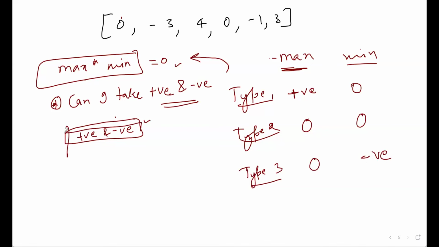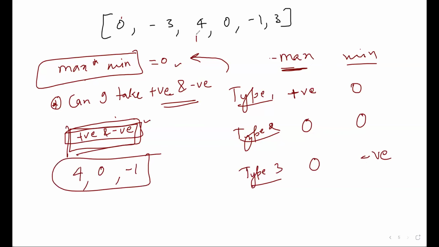You cannot have both positive and negative values in a subsequence that satisfies this condition. It is very simple. If you have something like 4 0 minus 1, this is a subsequence. Here the maximum value is 4 and the minimum value is minus 1. When the maximum is positive and the minimum is negative, their product will never be zero.